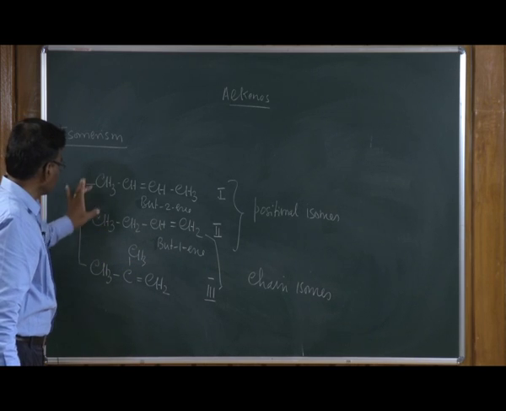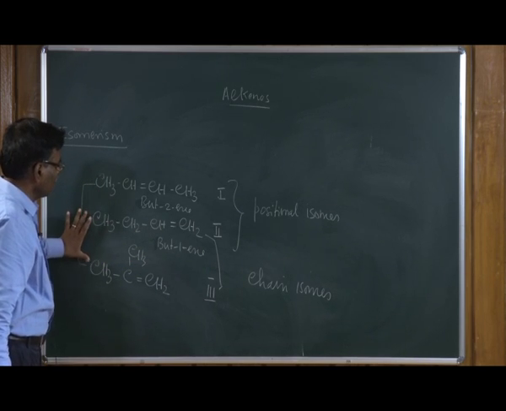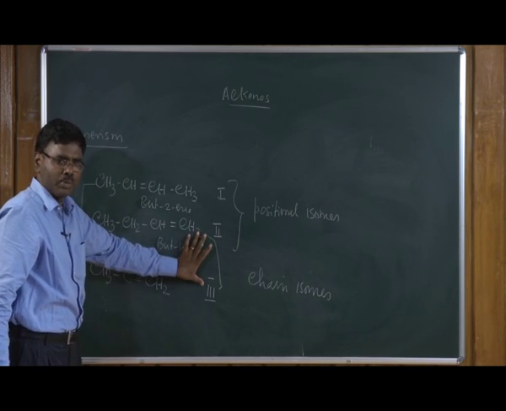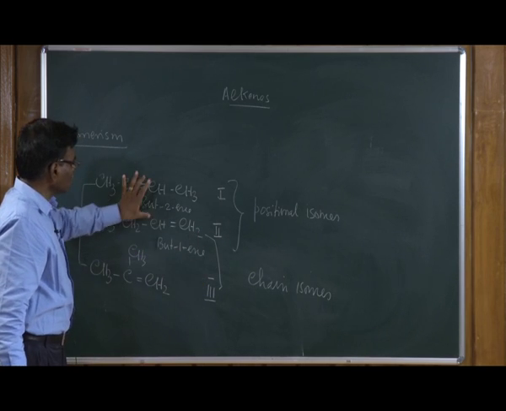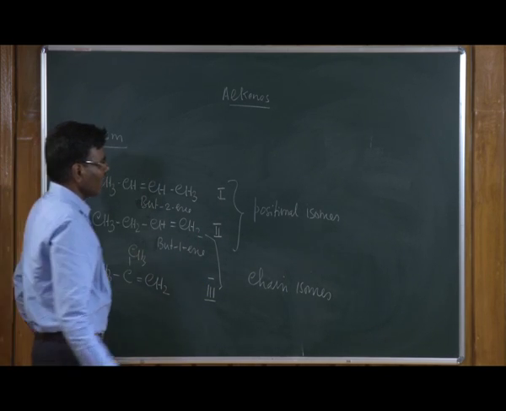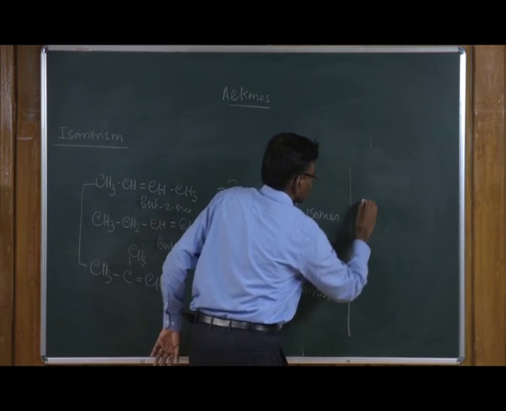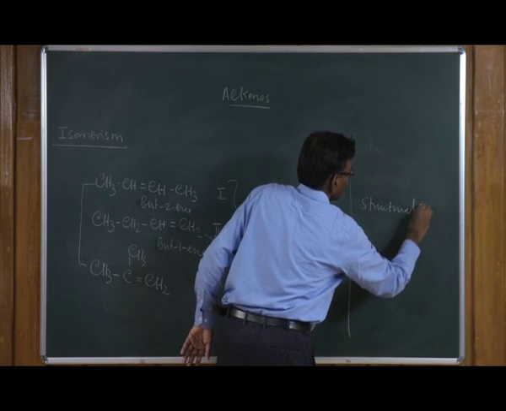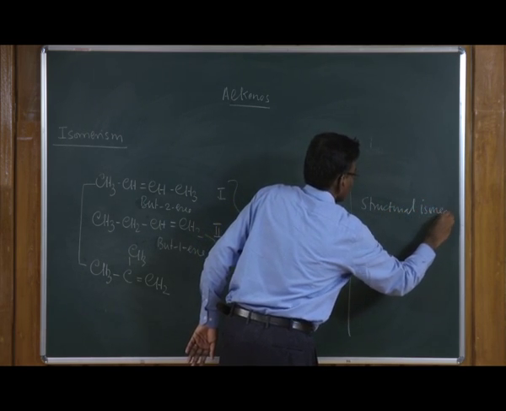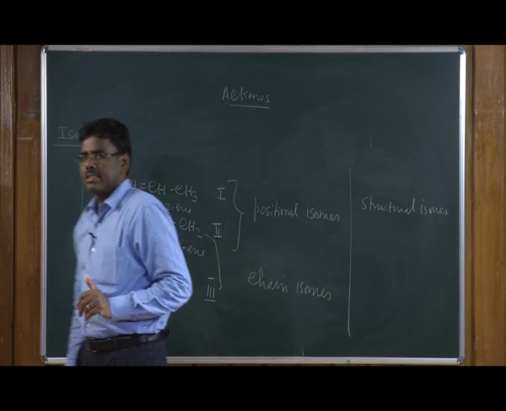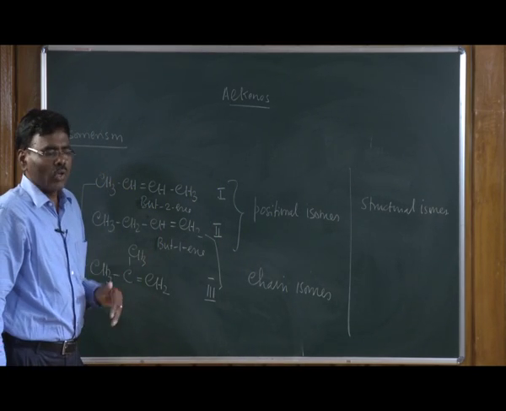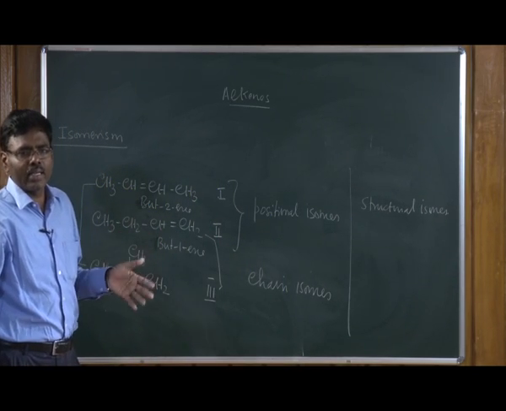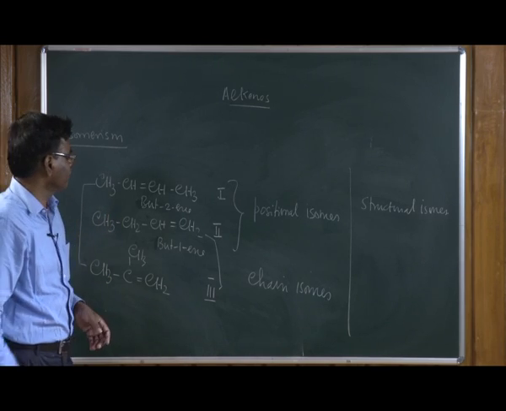Therefore, these two are called chain isomers, and these also are called chain isomers, but these two are called positional isomers, but all are called structural isomers. They differ in their structures. So, you can go on, when you go for higher alkenes, you will have more isomers.